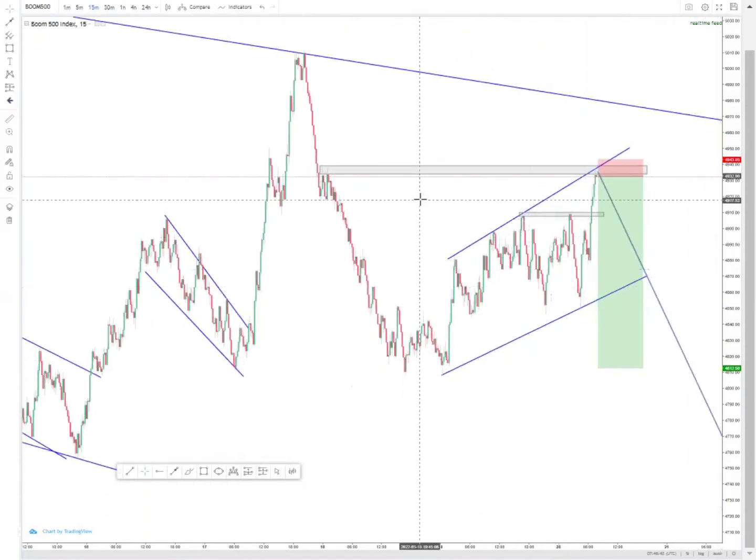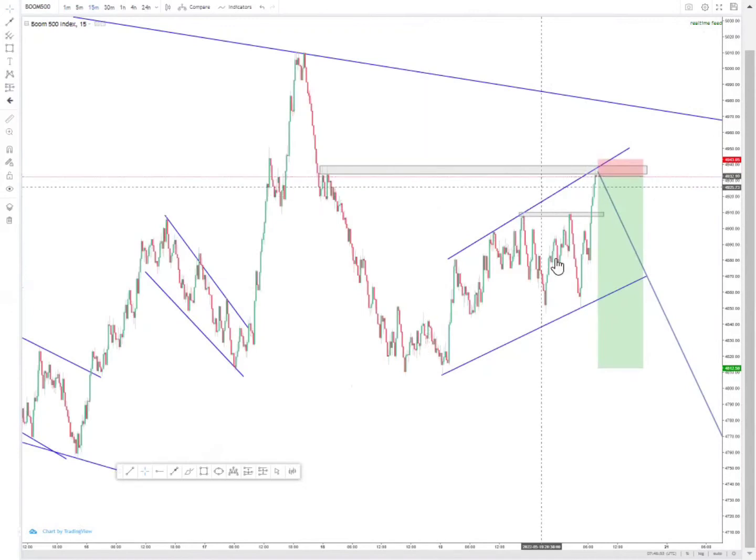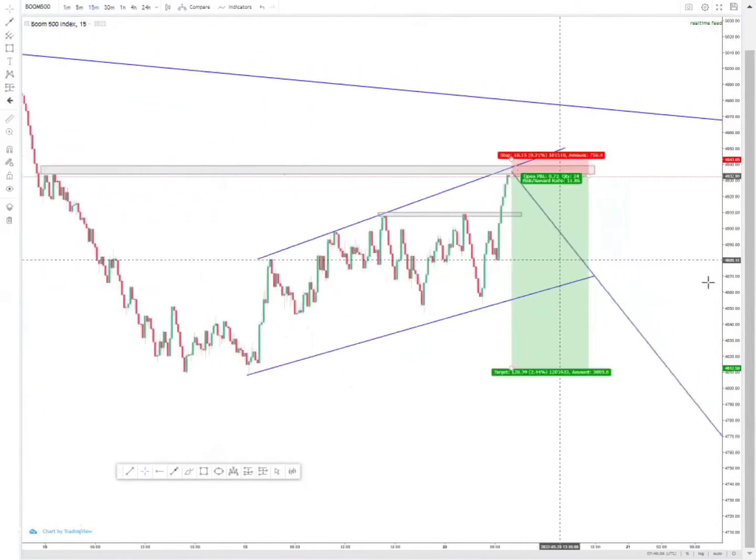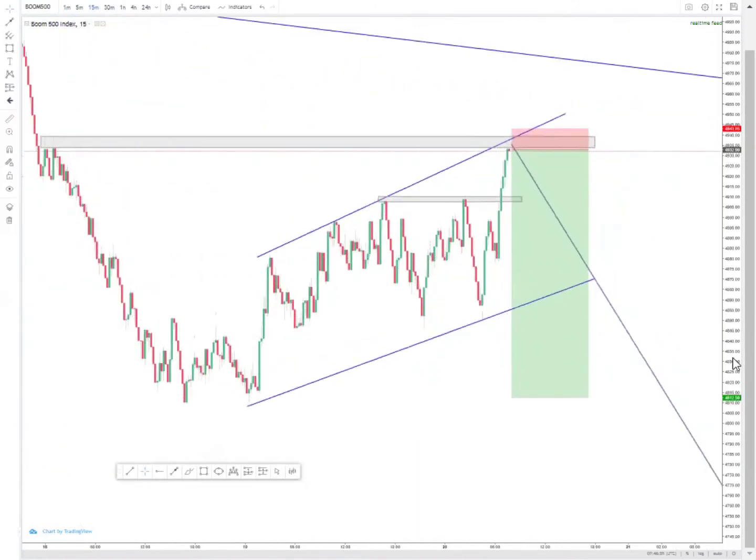Concerning this pair, Boom and Crash, my advice to you guys is: don't trade against the spike. I only trade buys on Boom 500.